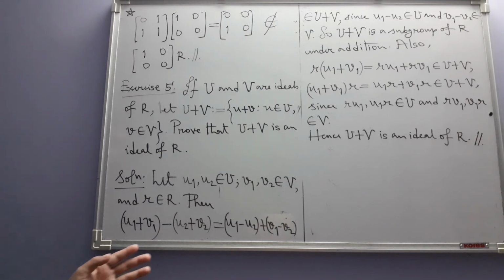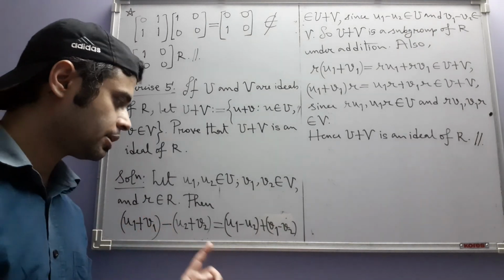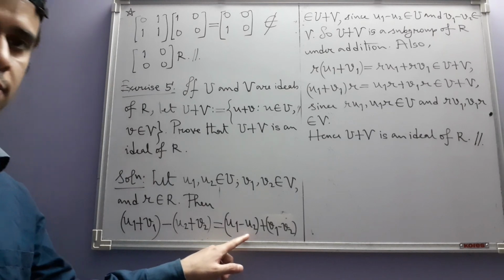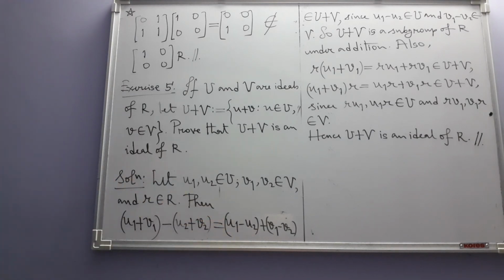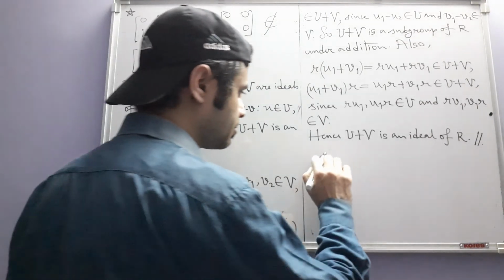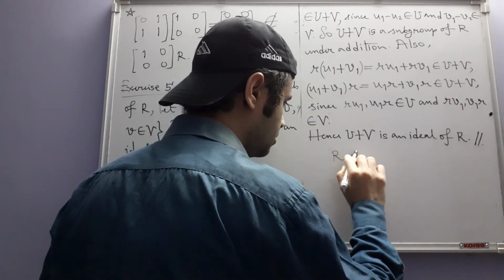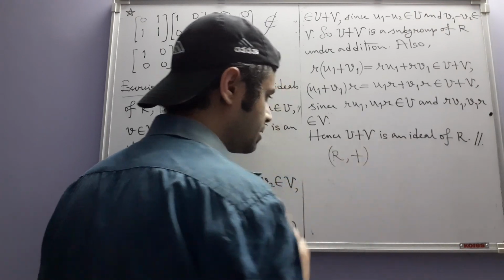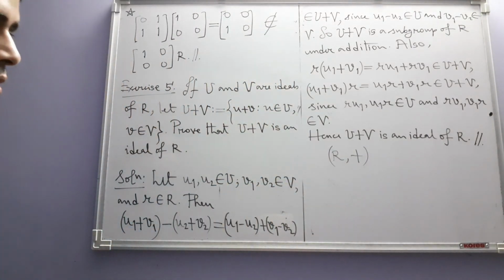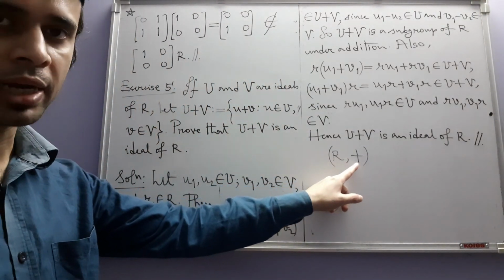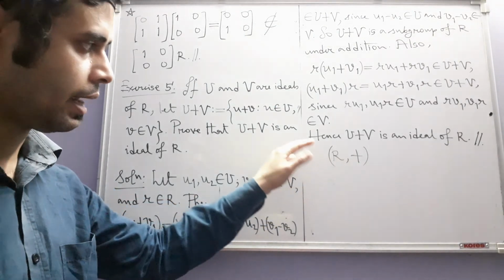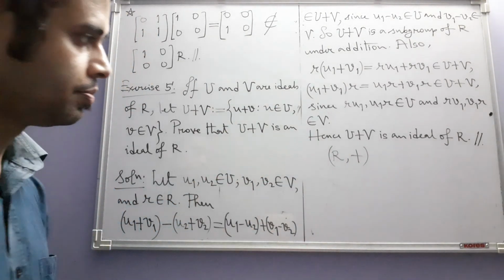Note that we need not actually carry out this calculation involving addition. Do you see why? We already know that U plus V is an additive subgroup of R. Why? You see, as far as group properties are concerned, our binary operation is addition, and this is an abelian group.